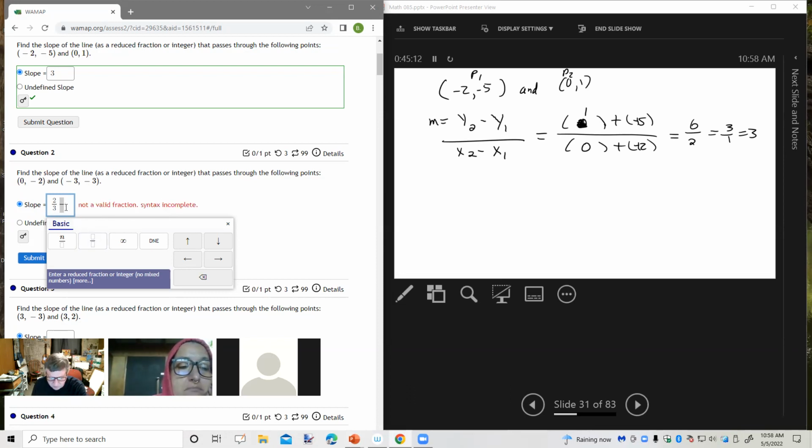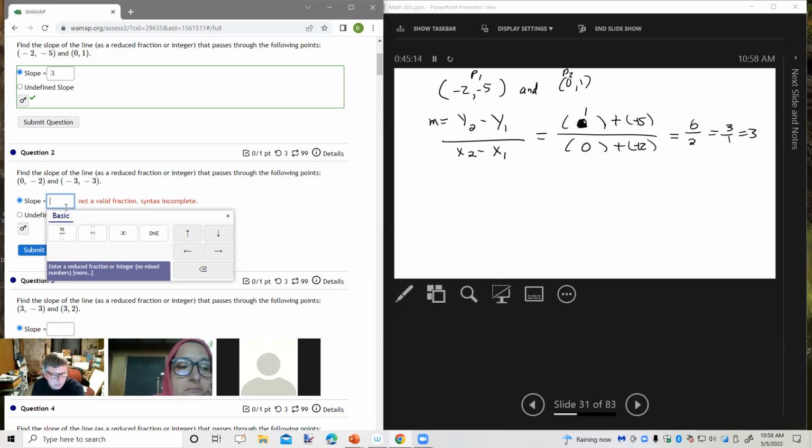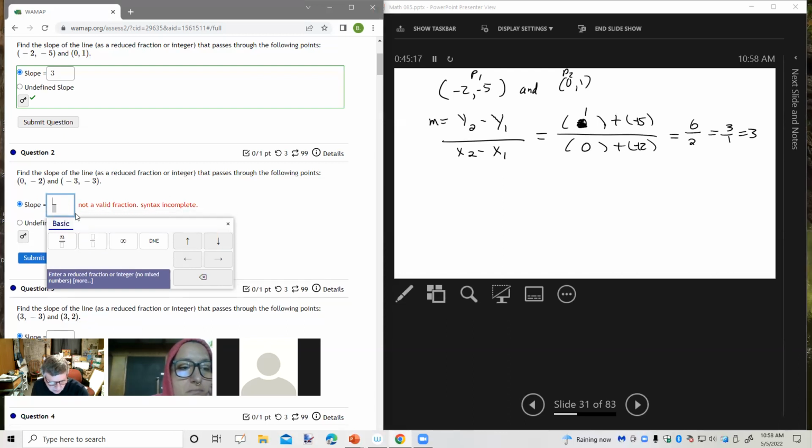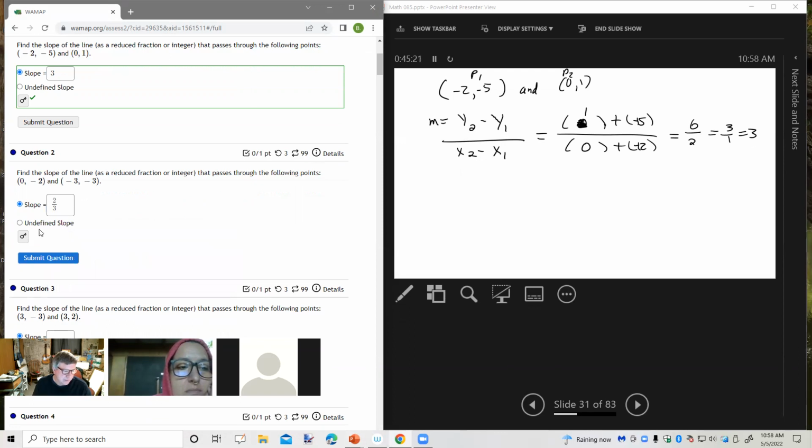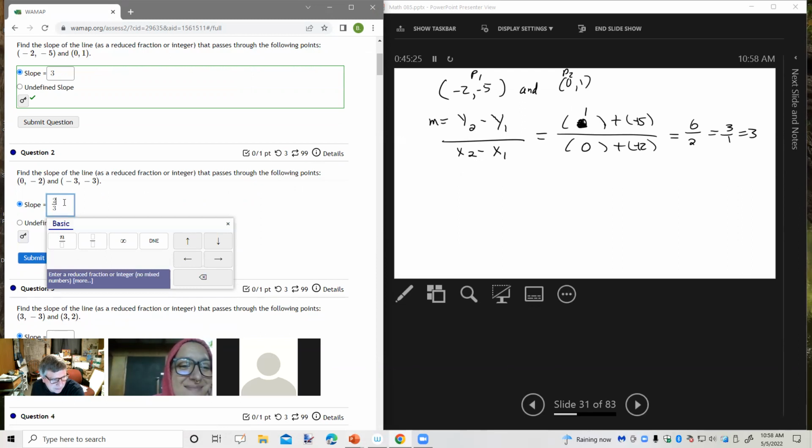So it's going to be 1/3. I can write it like that using this, or I can just write it using 1 and then that slanted key and then the 3. And then once you finish it, that red warning should go away. All right, you okay with that?